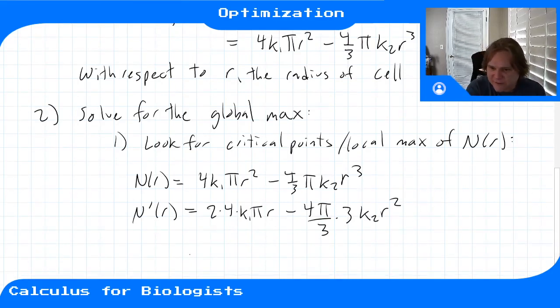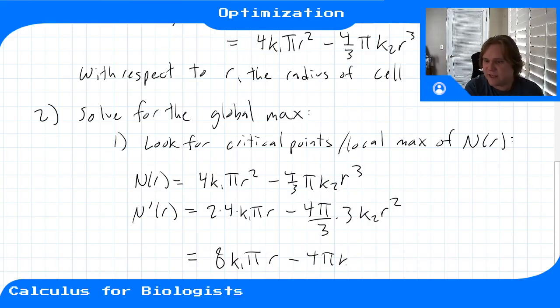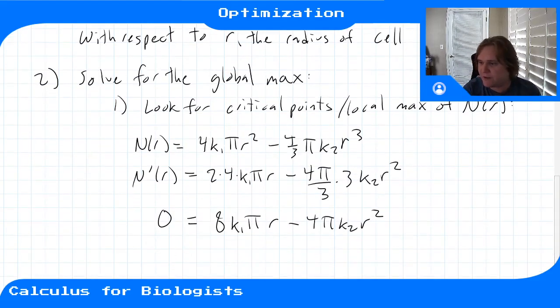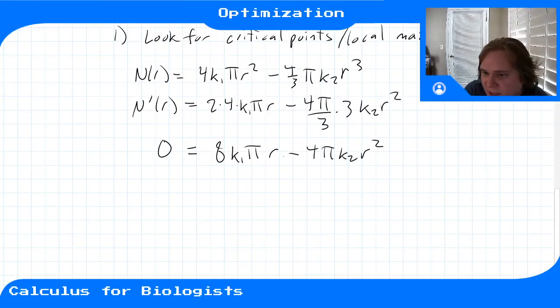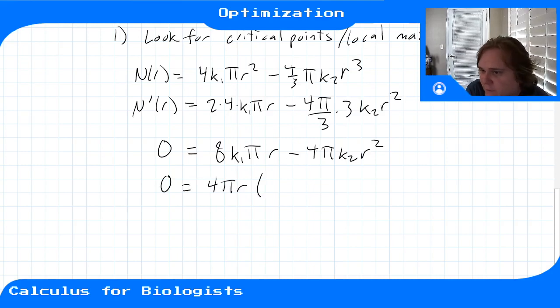Let's simplify this a bit. We get 8 k1 pi r minus 4 pi k2 r squared, and we want to solve for when the derivative is 0, because that will tell us where we have a critical point, which will tell us where our local maximum is. Let's factor out 4 pi r from both terms.